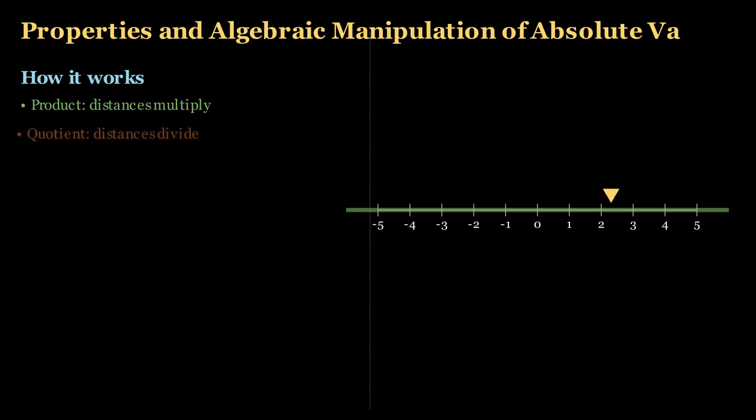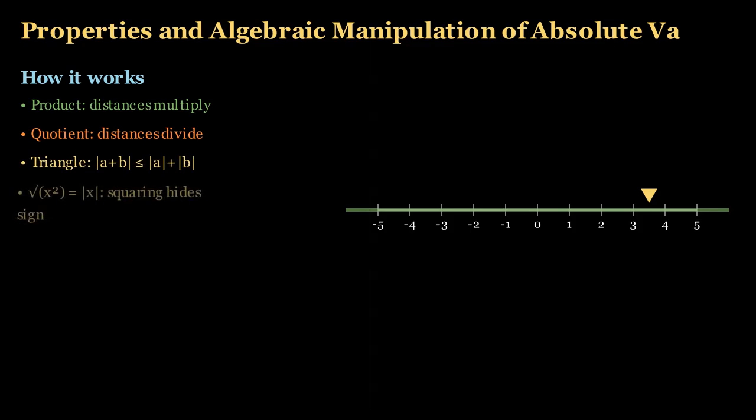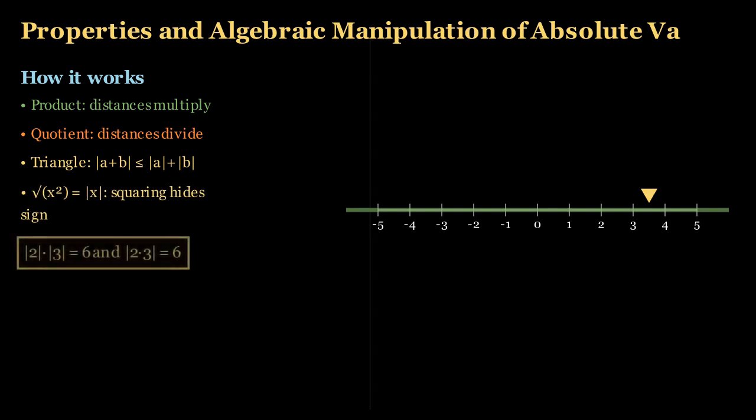The absolute value ignores that final sign anyway. Division works the same way, just scaling down. For addition, imagine walking. You walk a distance of |a| from home, then from there you walk a distance of |b|. Your final distance from home cannot be more than the total ground you covered, which is the distance |a| plus the distance |b|. That is the triangle inequality.